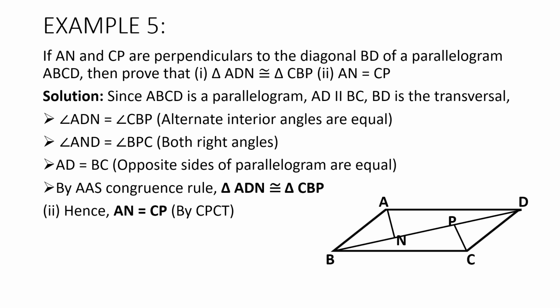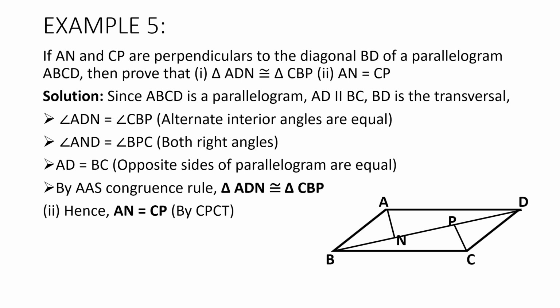Angles ADN and CBP are alternate interior angles. So they will be equal, since parallel lines are there and BD is a transversal. Also angle AND and angle CPB will both be right angles, because we have drawn perpendiculars.